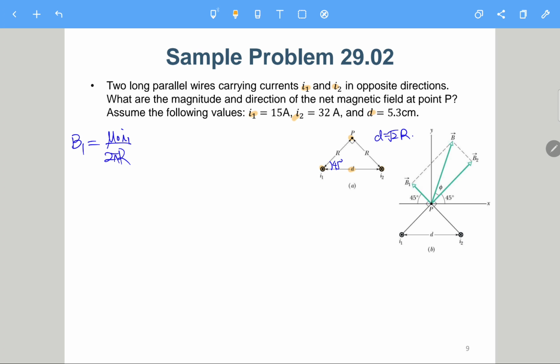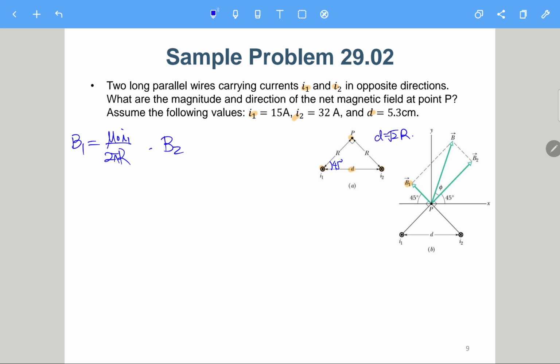So we get the direction of B1 pointing to the top left.